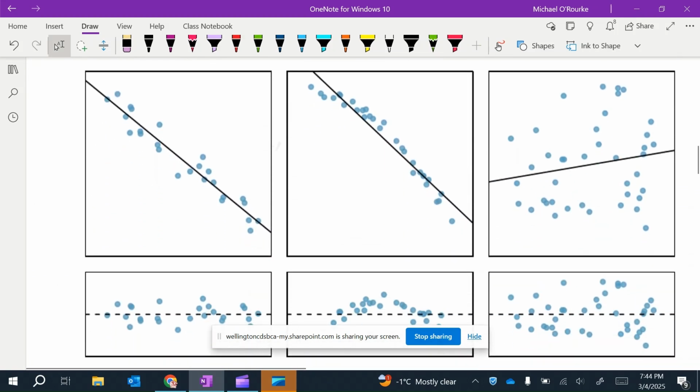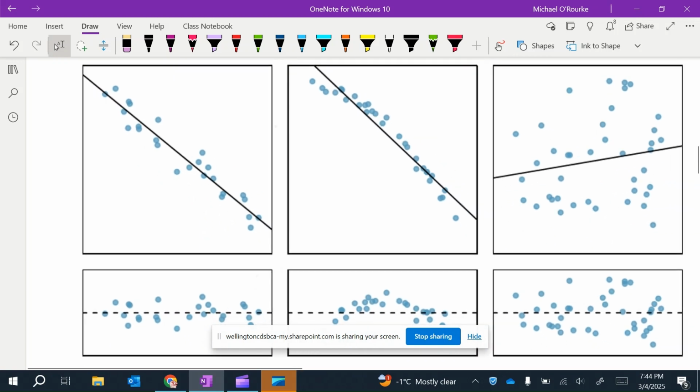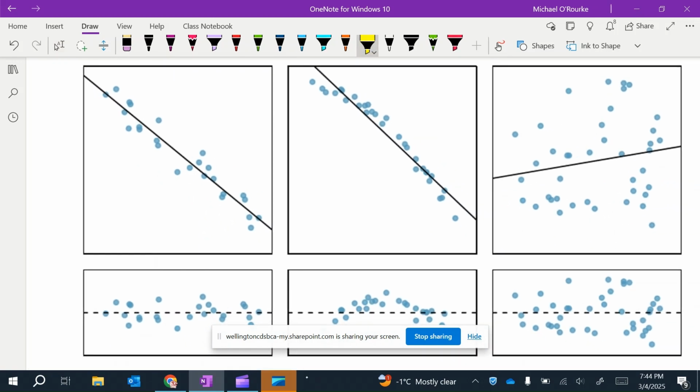If we look at these ones here, the top is the line of best fit, so we have a line going down with the dots around it. The bottom is a residual plot. For example, this dot is right on the line, this is right on the line. This one's above, so we have a dot above. Here there's one below, there's the one below. So there's two above here, two above there, and we graph as we go.